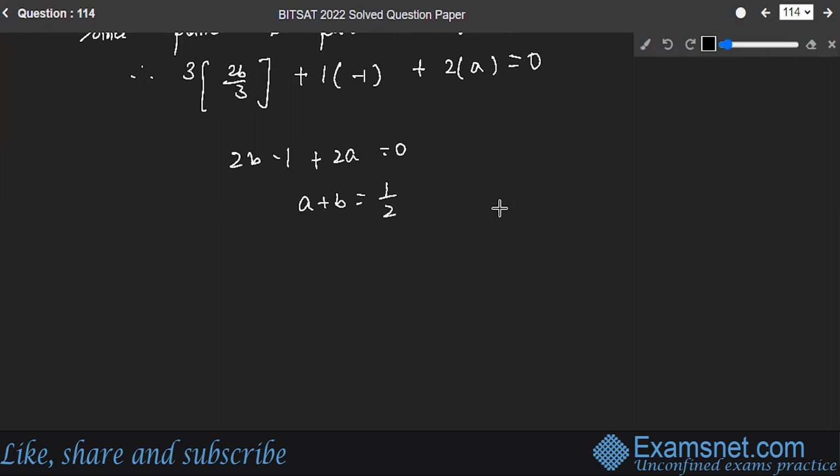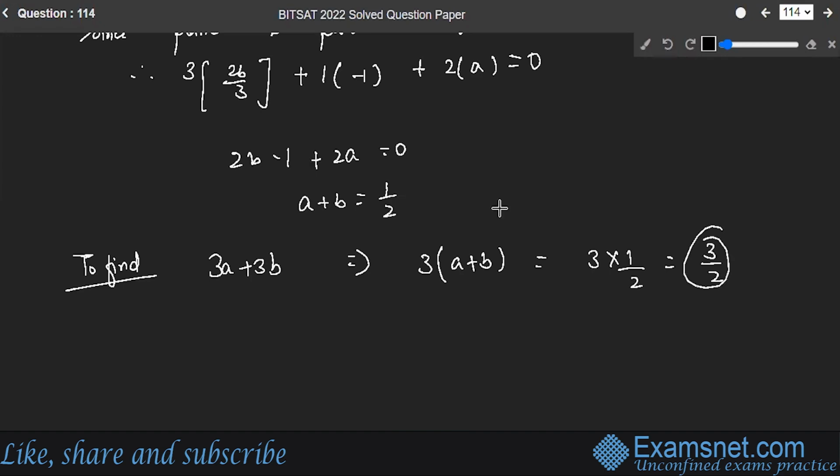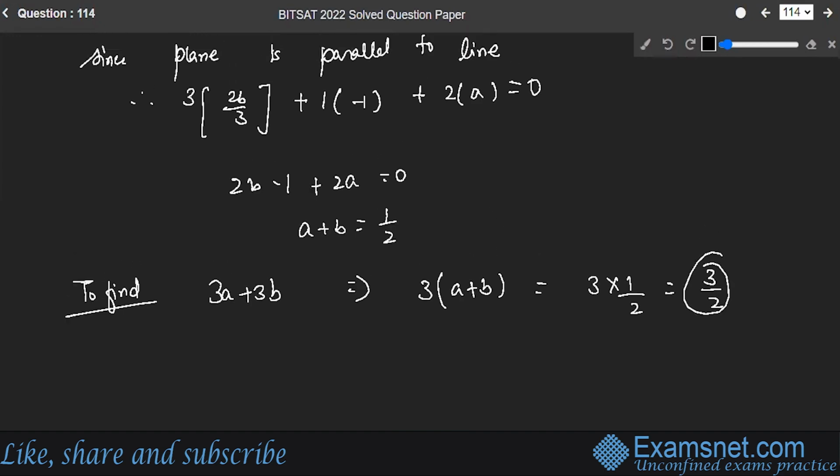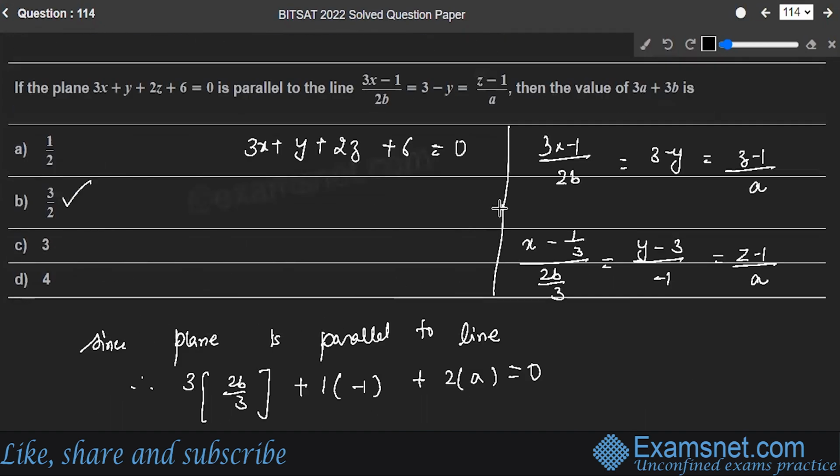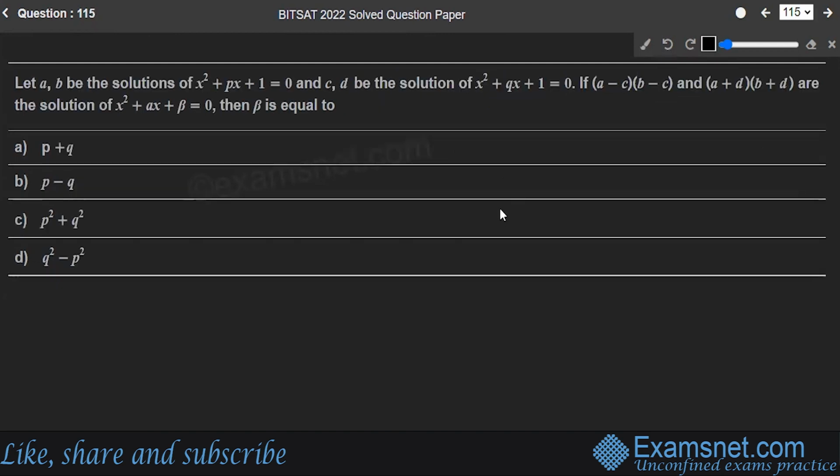So what you had to find out was 3a plus 3b. So you have 3a plus 3b is equal to 3 into this, or you have 3 by 2. This is the answer to the question, 3 by 2. Option B is the right answer. Hope you understood this. Next is 115 question.